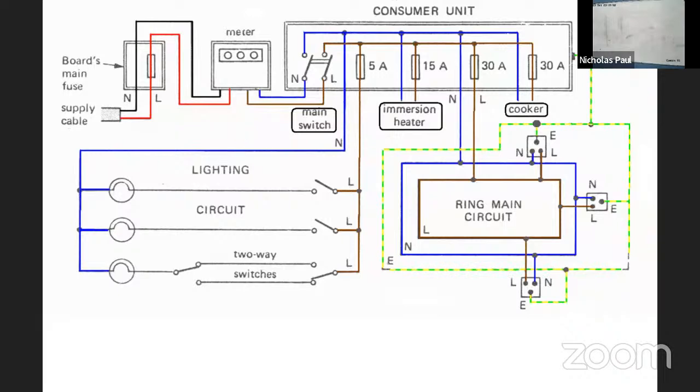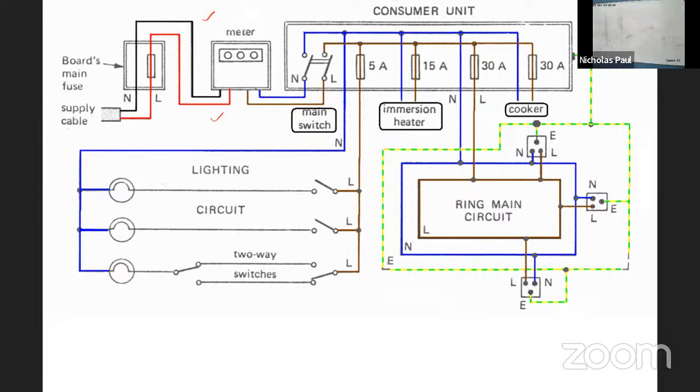What you will notice initially is that there's current entering from a supply cable. The current entering is generally these colors here, black and red. So if you go home and look at the current coming into your meter, it's black and red. Red is the live and N is the neutral. The purpose of the neutral is to complete the circuit.